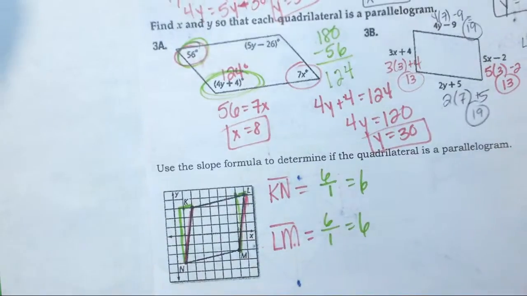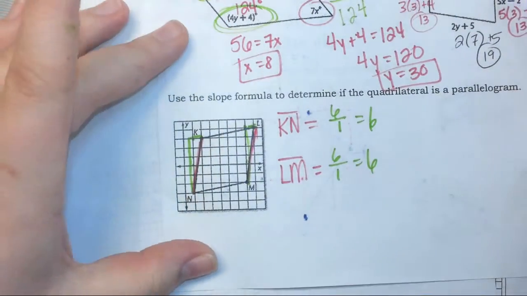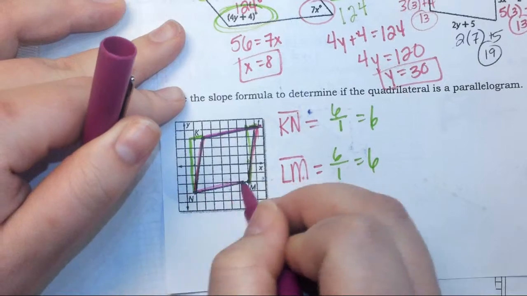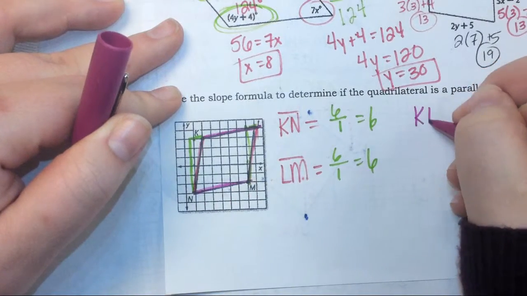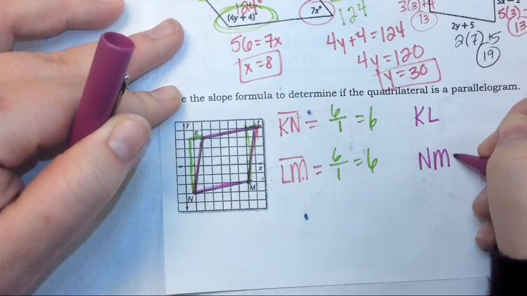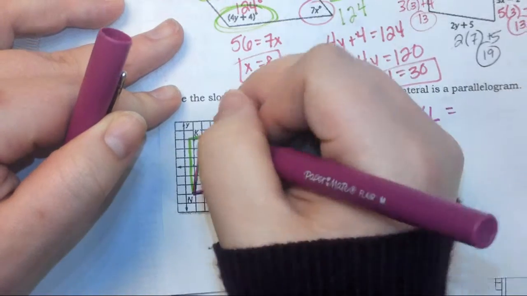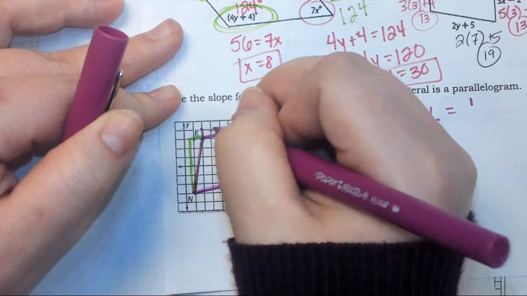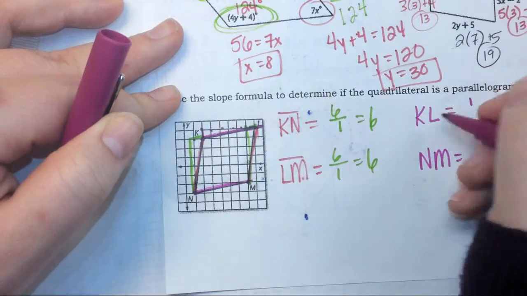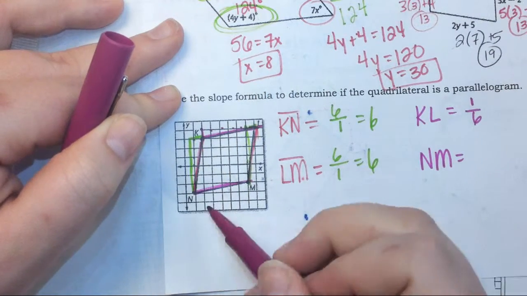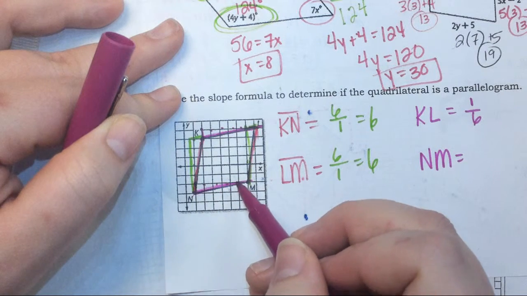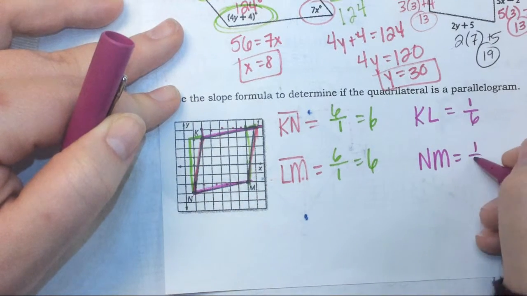And then I also need to do the same logic with KL and NM. So to go from K to L, I would go up 1 over 1, 2, 3, 4, 5, 6, 1 over 6. And to go from N to M, I would go up 1 and over 1, 2, 3, 4, 5, 6, so 1 over 6.